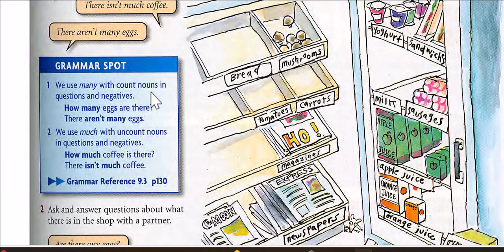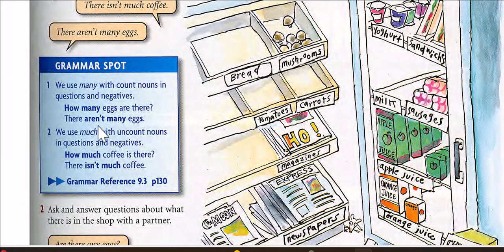So when you ask the question, how many eggs are there? Here eggs is plural, we can count eggs. So what we use here is many. How many eggs are there? Because eggs is plural, we use the plural form of the verb. When you answer that question, you haven't seen many eggs.